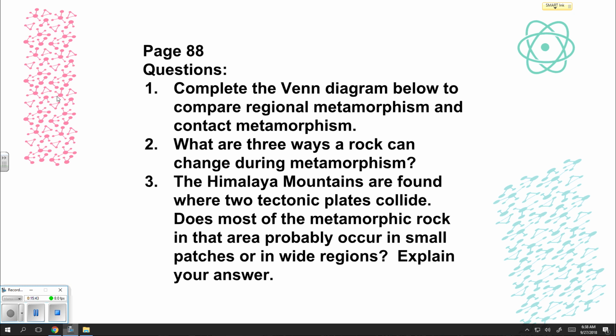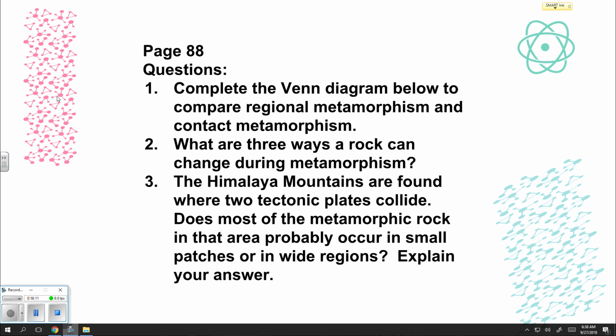The Himalaya Mountains are found where 2 tectonic plates collide. Does most of the metamorphic rock in that area probably occur in small patches or in wide regions? Explain your answer. It happens in wide regions because tectonic plates cover large areas on the Earth's surface.